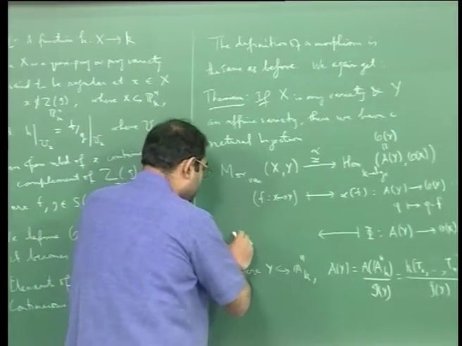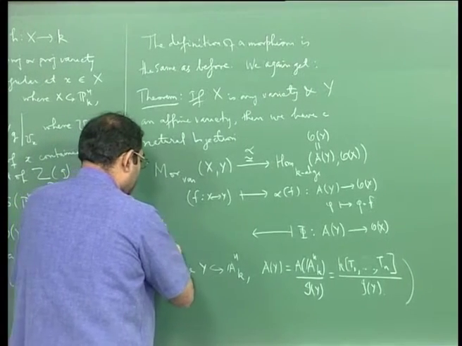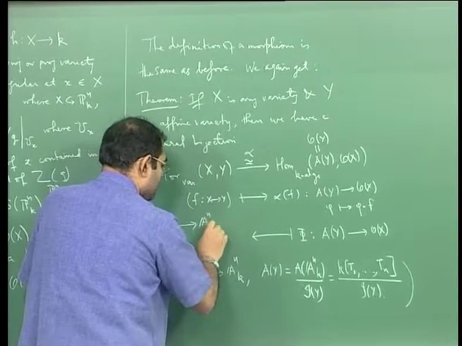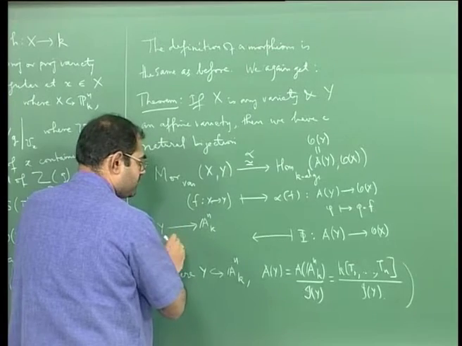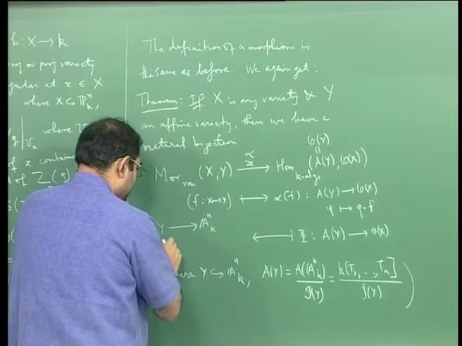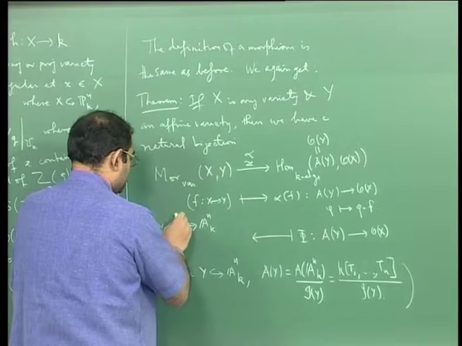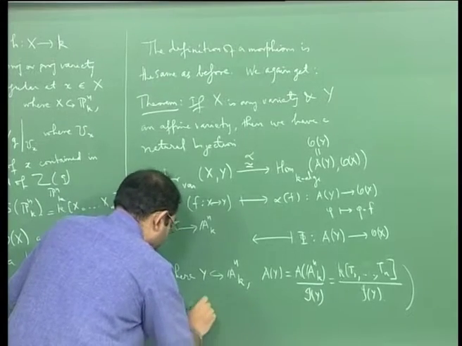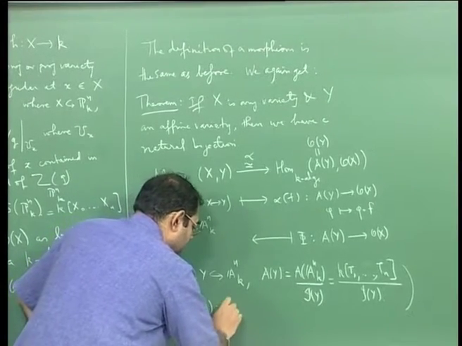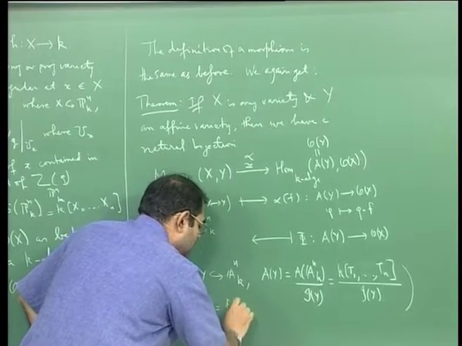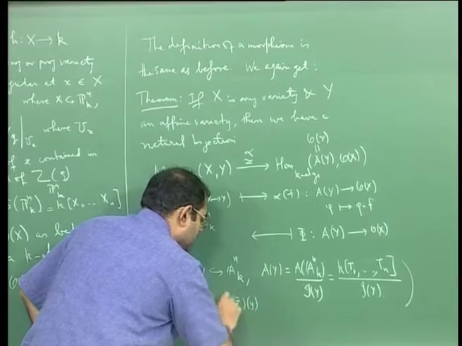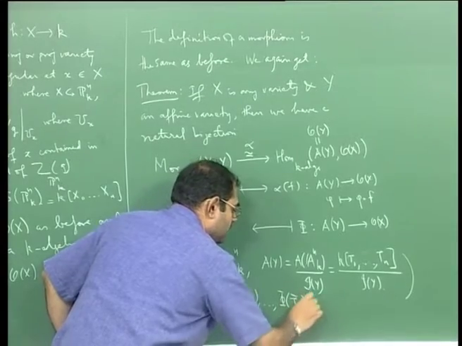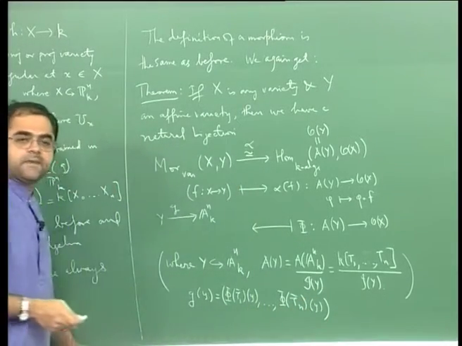So the diagram is that we get a map into A n, given by G, and G of x is just the n tuple phi of t1 bar of x, ..., phi of tn bar of x.